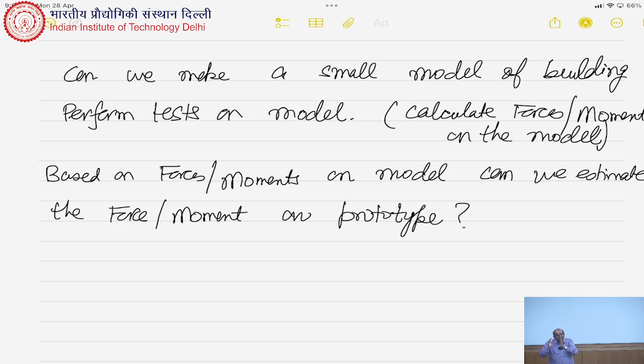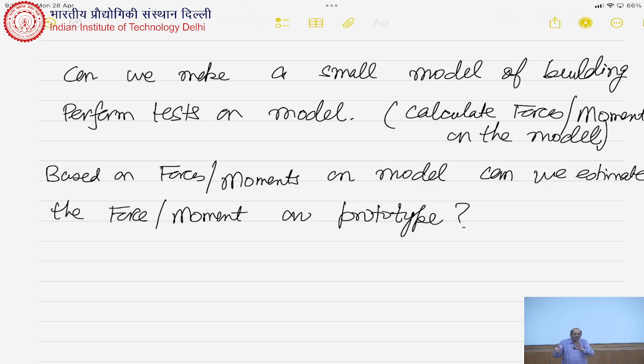Now if you make pi 2, which was on the right hand side, the same for the model and the prototype, then pi 1 will obviously have to be the same. You can measure pi 1 for the model. So pi 1 for prototype will be the same. So that means you can then estimate the forces by getting the value of pi 1. Do you see that or not?